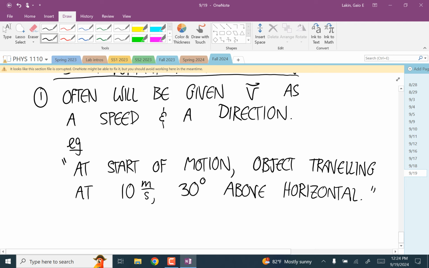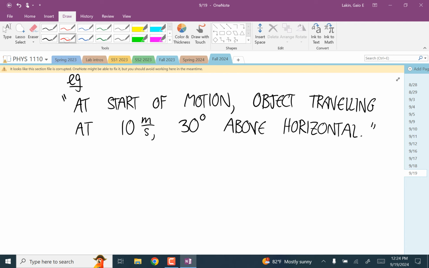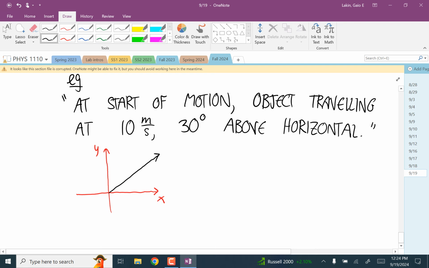And we'll want to put that into components to do calculations. And so our job then will be to say, okay, well, we know that if we choose a coordinate system with the x-axis horizontal, which is going to be pretty common, then the object has a velocity vector like this, where this is 30 degrees and this is 10 meters per second.